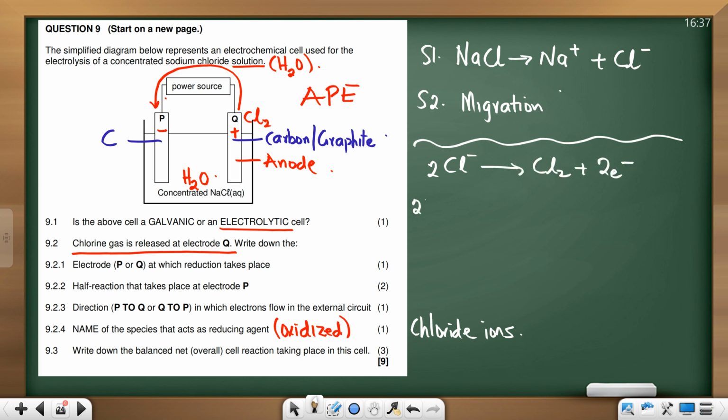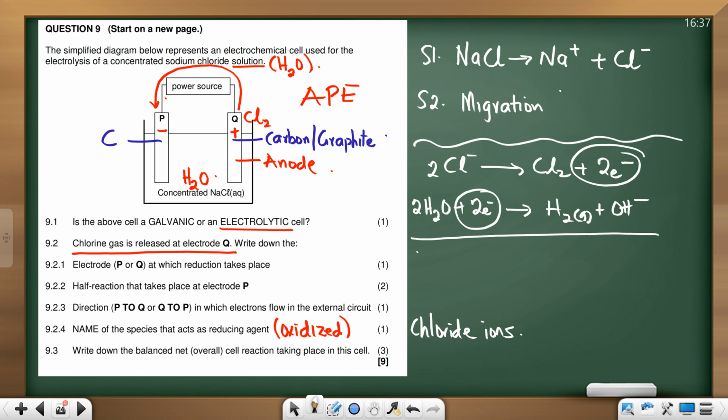And then we have 2 moles of water plus 2e to give us what? Hydrogen gas plus OH minus. And the beautiful thing is your electrons are already balanced. So what do you have? 2Cl minus plus 2 moles of water to give us hydrogen gas. Good. And that's it.